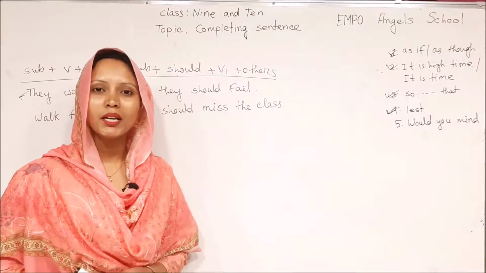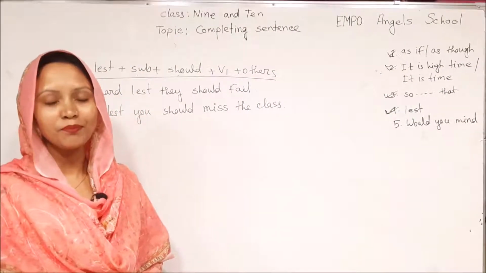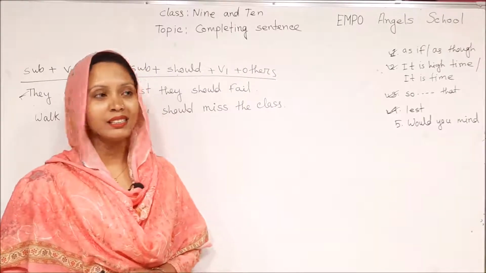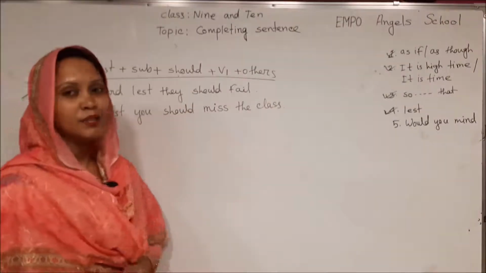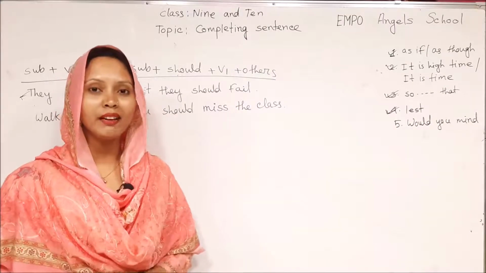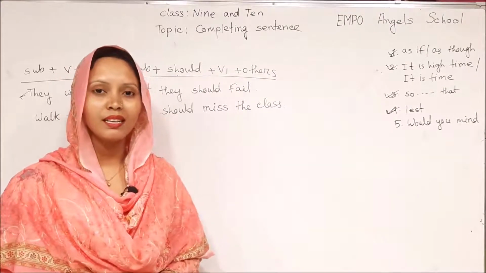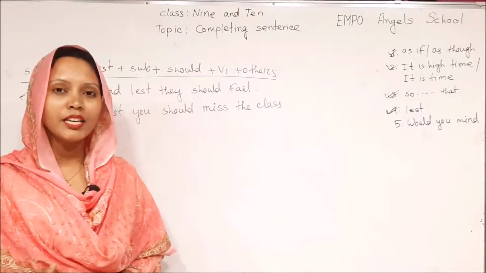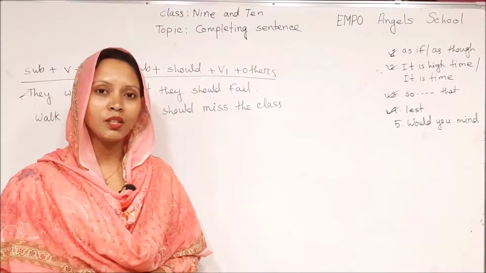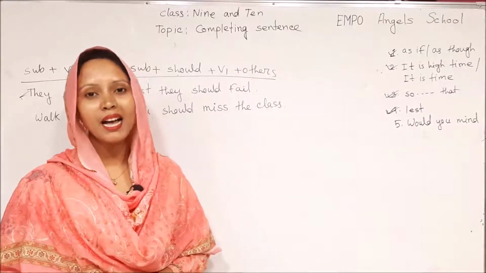Students, please listen carefully. You have to complete the sentence after "lest" in such a way that you will write something unpleasant. After "lest", you will write a clause. The meaning of the clause will be something unpleasant.